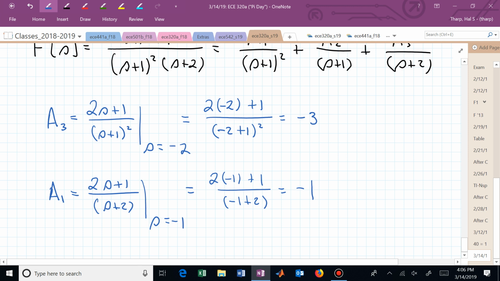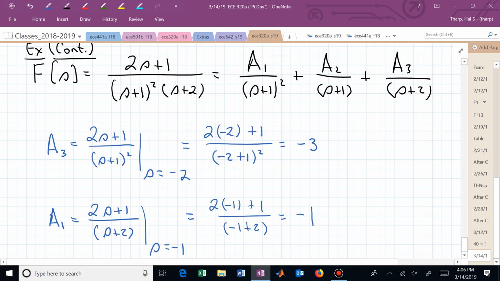I now have A sub 1 and A sub 3 determined. A sub 2 is the more challenging numerator coefficient to find.